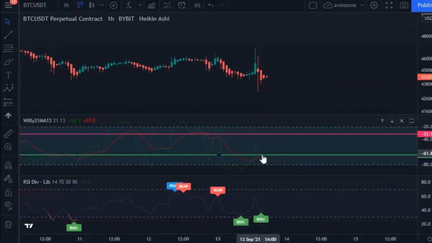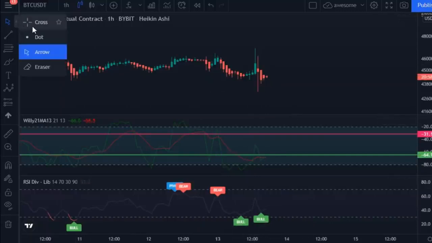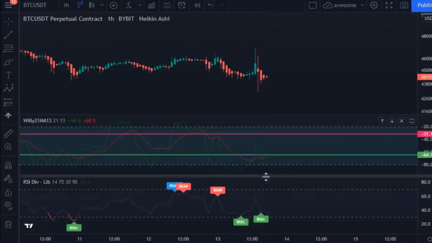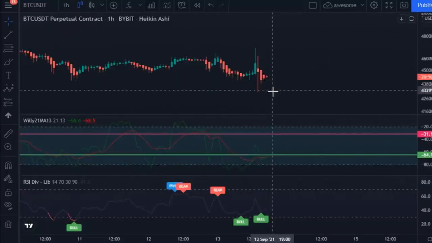Now let's go to the real trading. Look at this area, the green line is cutting the red line in the buying area. Also the auxiliary indicator sent a buy mark. That's excellent. So we will buy now.